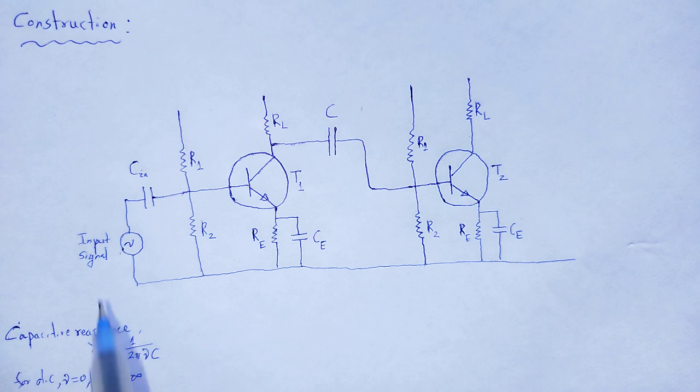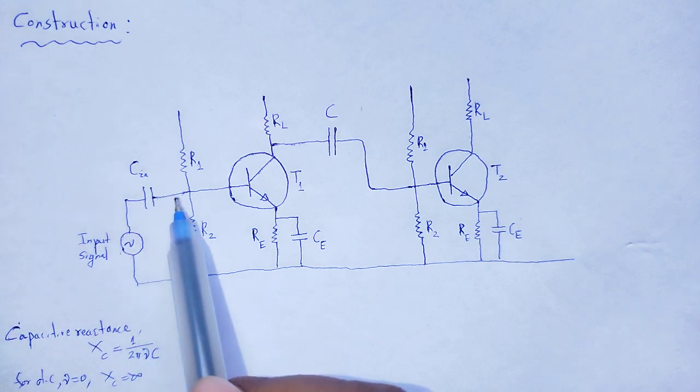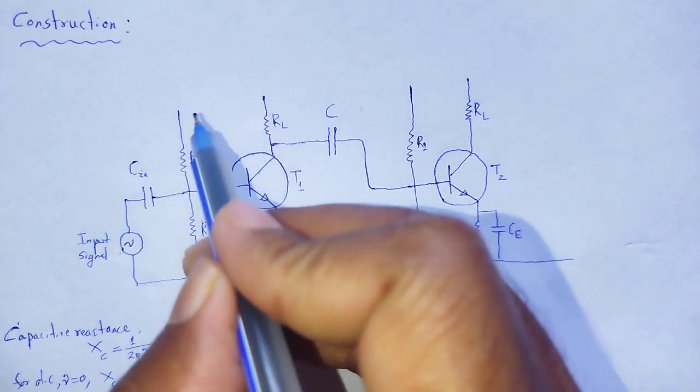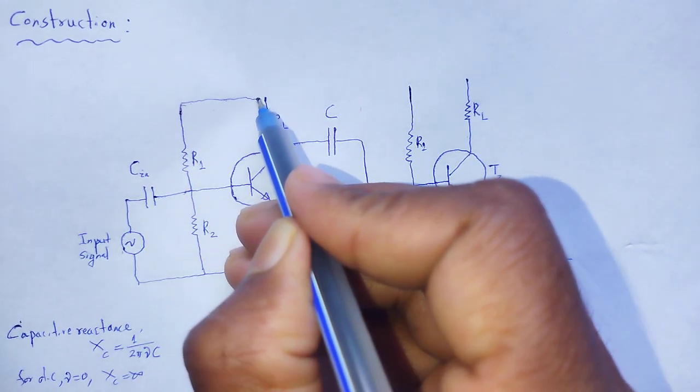Again for that reason: it allows AC through it and opposes DC.